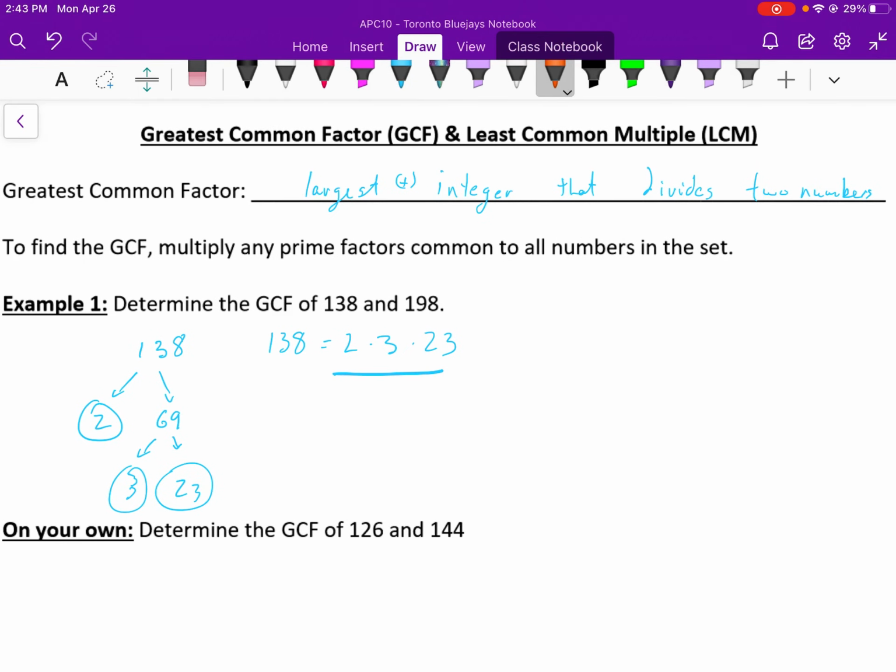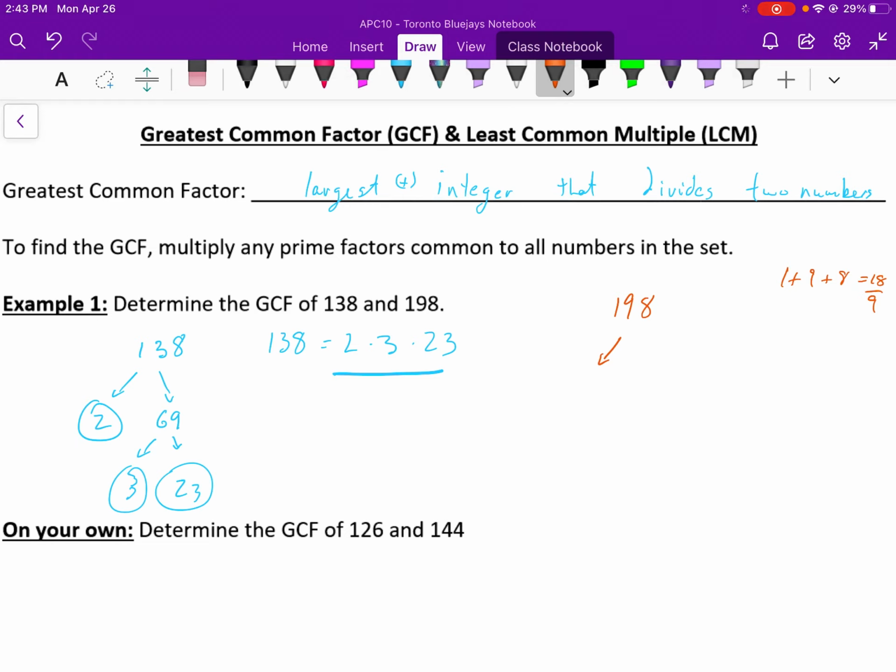Now I'm going to switch up colors and take 198. I'm going to split up 198 into its prime factors. What I notice about 198 is that when I add the digits of the number, they add up to 18. And since 18 is divisible by 9, 198 is divisible by 9.